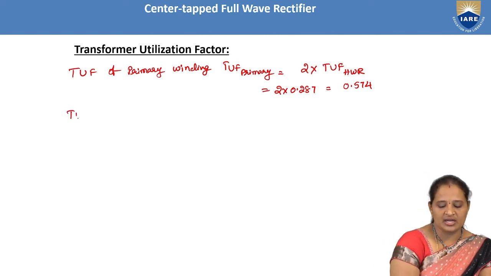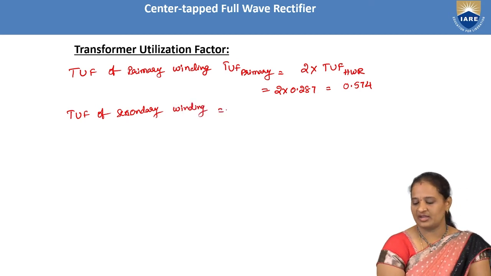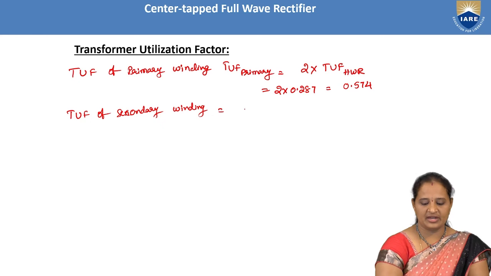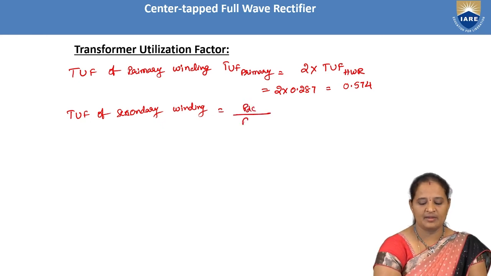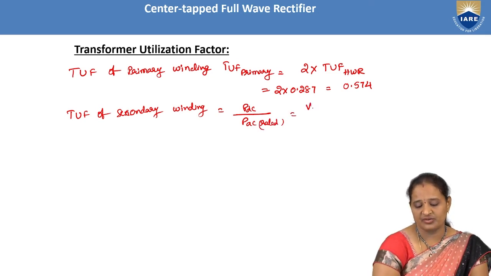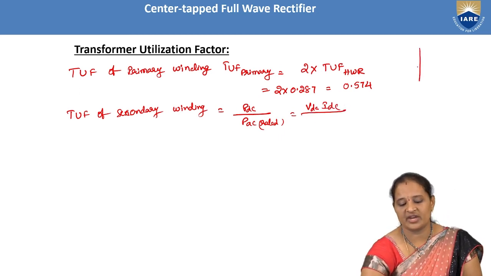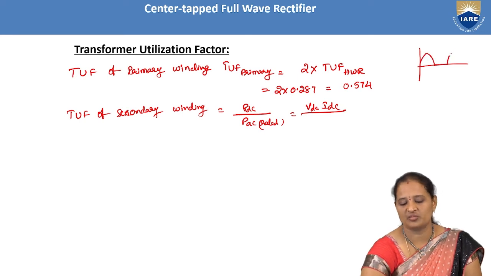And coming to the transformer utilization factor of secondary winding, which we can calculate directly, that is PDC divided by PAC rated. PDC is nothing but VDC into IDC divided by PAC rated. In case of half wave rectifier, we have got the output like this.